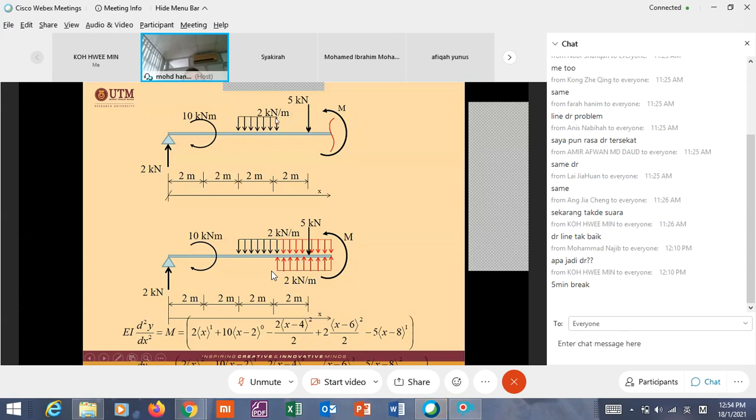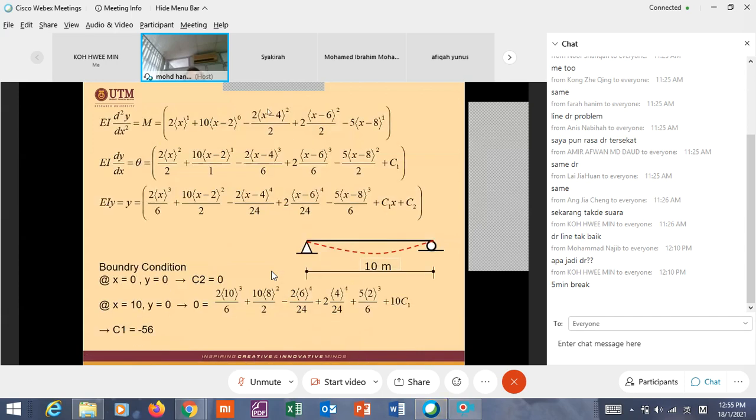Whenever you have a UDL but short, where the UDL is limited here, then you have to extend it, add another virtual loading, and then counterbalance so that it becomes equal to the original condition. Okay, so this is the formula. Now, then integrate.